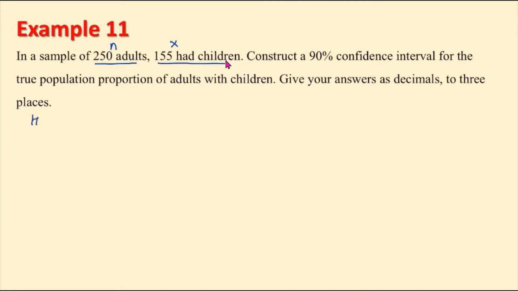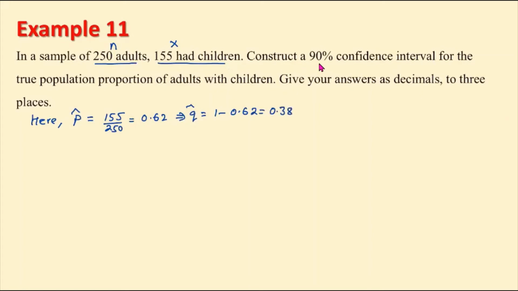That means the proportion of the sample with children is 155 out of 250, which is equal to 0.62. So if you want to find q hat, it is 1 minus p hat, 1 minus 0.62, which is equal to 0.38.